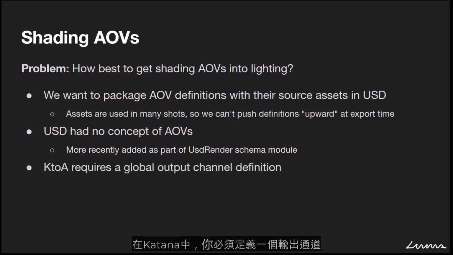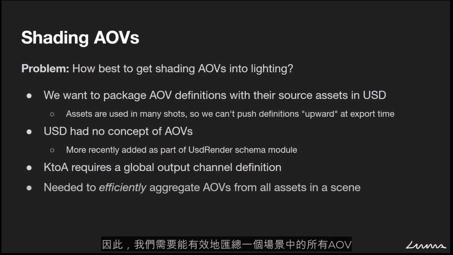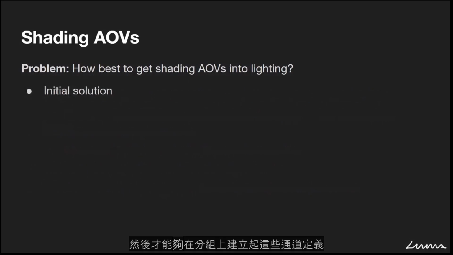In Katana, you have to define an output channel and render specific channel information on the root location. And so we needed to be able to efficiently aggregate all of the AOVs from a scene because the assets could be mounted somewhere down in the hierarchy in the scene, and then be able to build those channel definitions on the root.